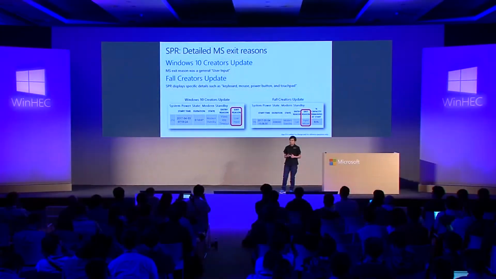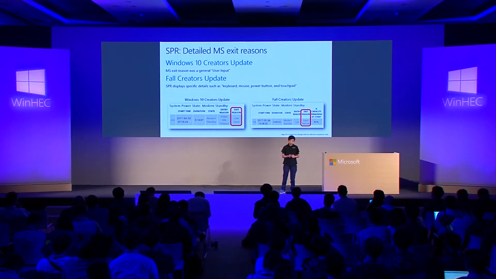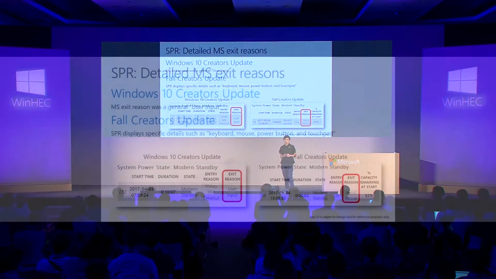However, in the Fall Creators Update, the System Power Report displays specific modern standby exit reasons such as keyboard, mouse, power button, and touchpad. This functionality provides engineers with more debug information.